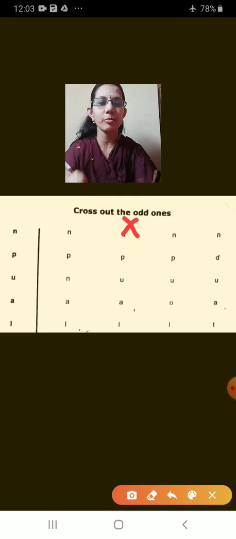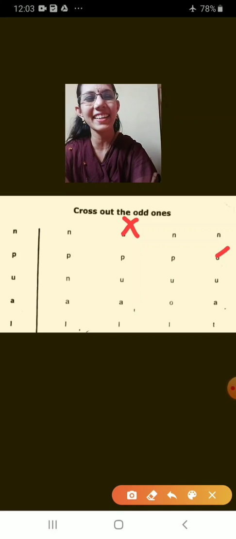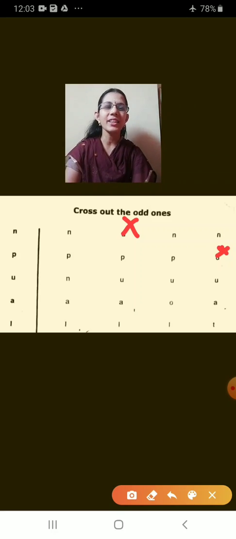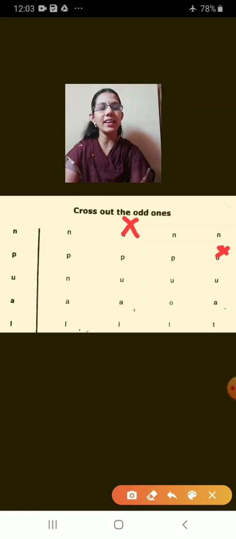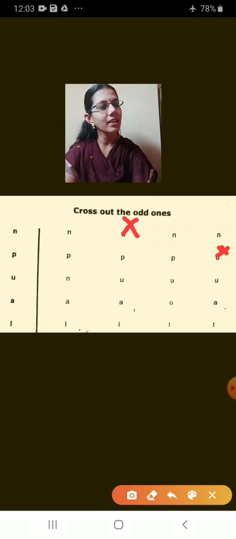P line. In this P line, the first letter is P, P, P, D. So which one will we cross here? Good, very good. Cross. So the third line, U line. What is there? N, U, U, U. So which one will we cross here?